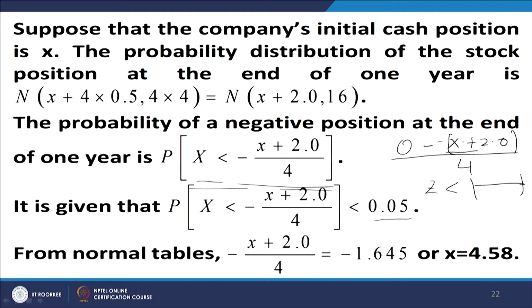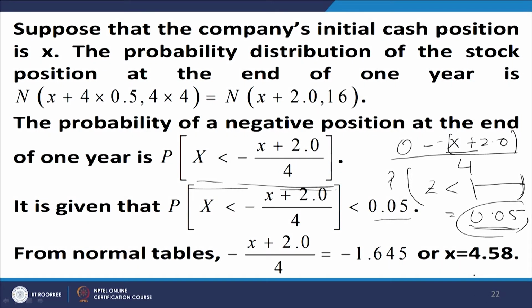And we know that the probability of z being less than this is equal to 0.05 or lower. Now, from the normal distribution tables, the value of z corresponding to a probability of 0.05 works out to minus 1.645. Therefore, we must have this whole expression equal to minus 1.645, and that gives us x equal to 4.58.